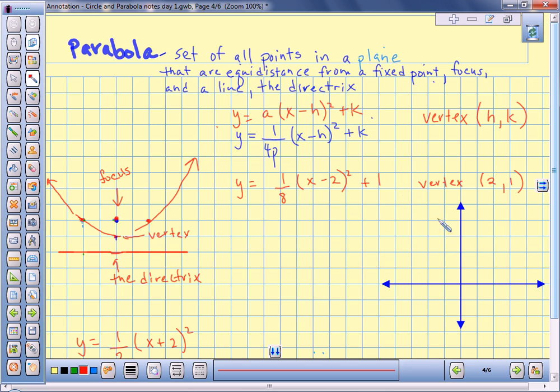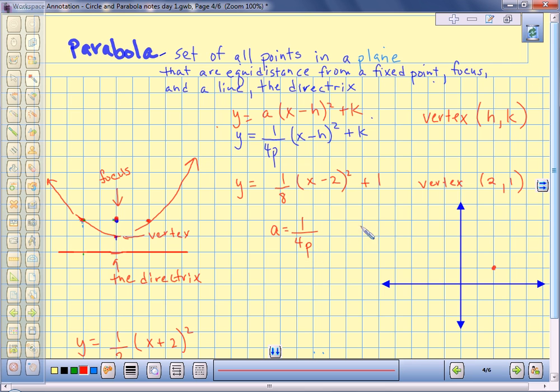Now this is 1/8. And do you see here that a is equal to 1 over 4p? Or if I solve this for p, it would be p equal to 1 over 4a. Either way. So what would p be here? In this case, we can either say 1/8 equals 1 over 4p, or we could say p equals 1 over 4a.